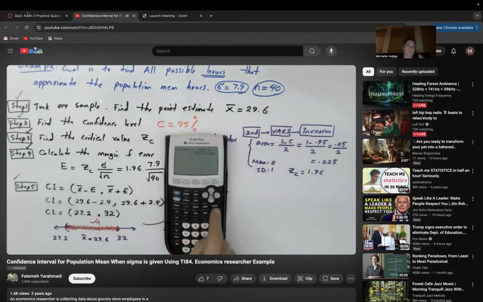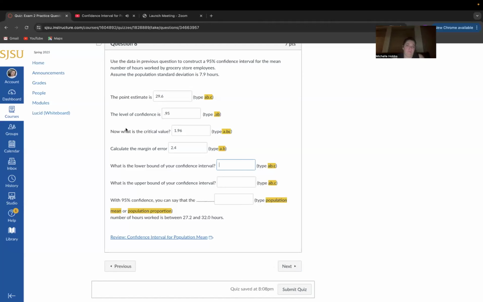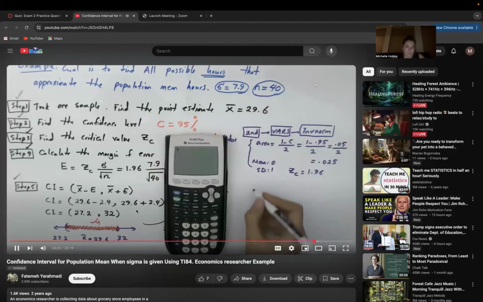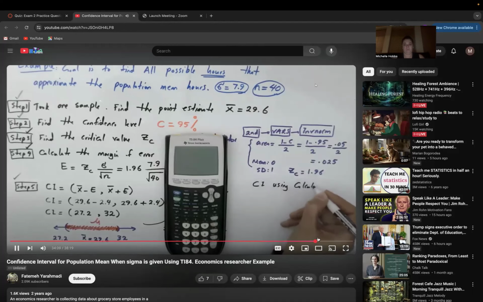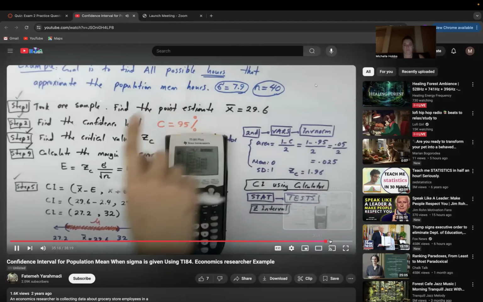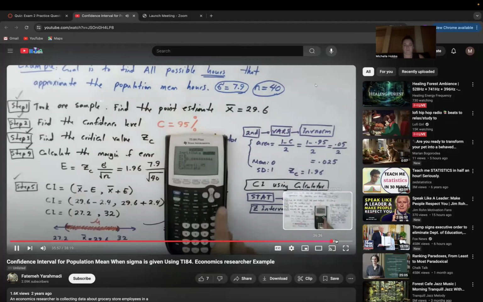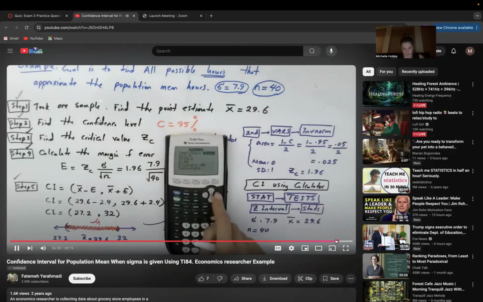Let's turn on the calculator. It's not very hard. You're going to find the confidence interval using the calculator. Remember that 0.95 is the confidence level.